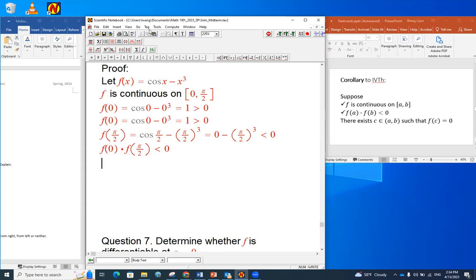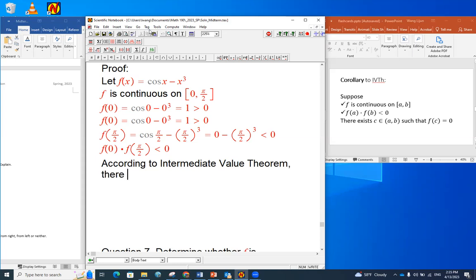And then you say, according to the intermediate value theorem, there exists a c.